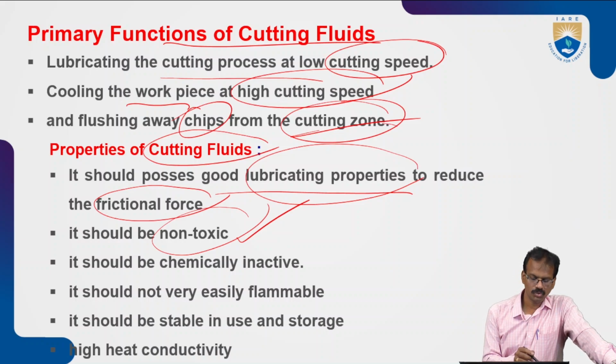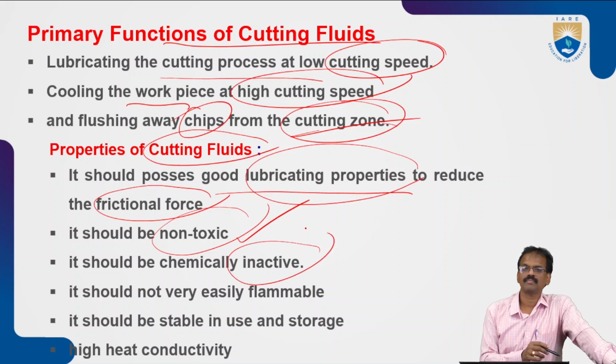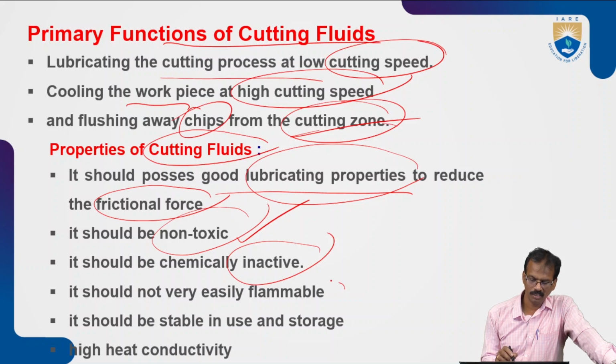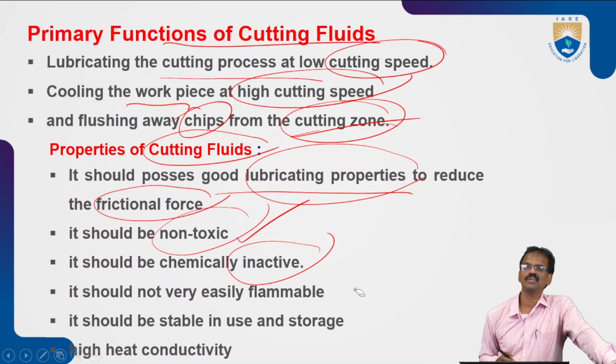Next, it should be chemically inactive. If it is chemically active, automatically it reacts with the surface of the material. Automatically, the color and the surface finishing will be disturbed. Or if it chemically reacts with the human body, that leads to toxicity and affects the operator's health also.